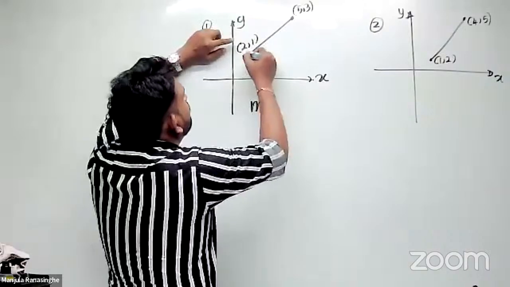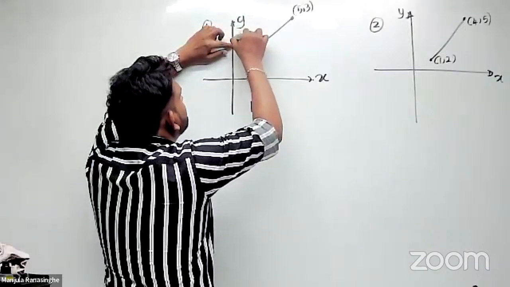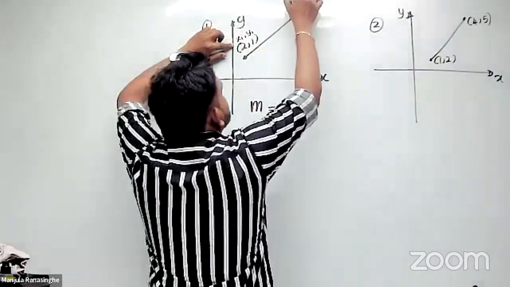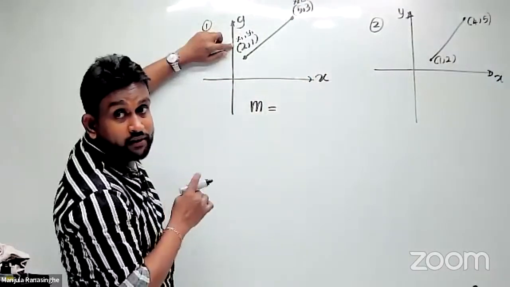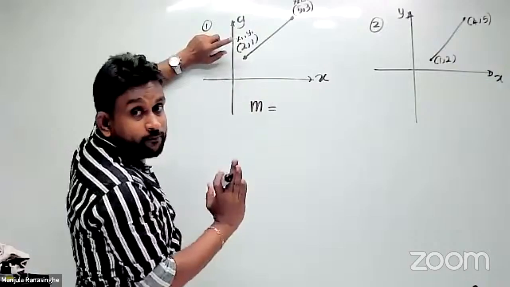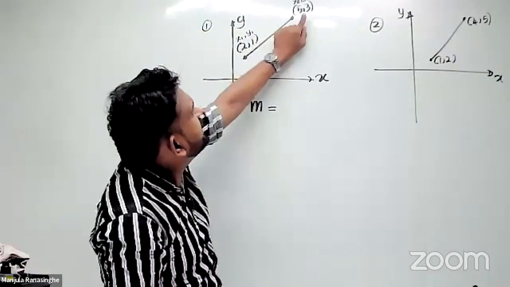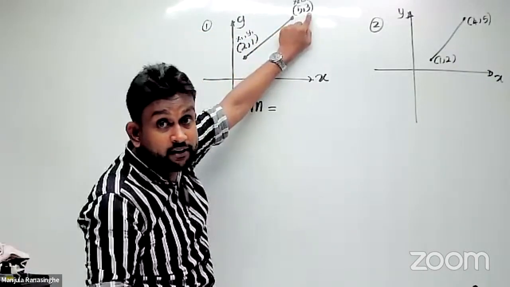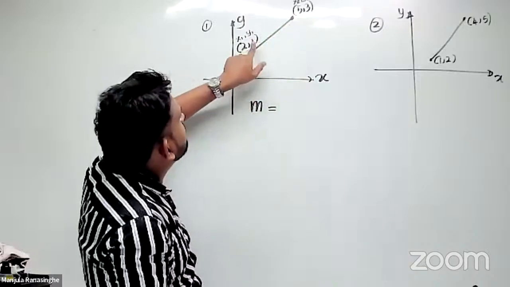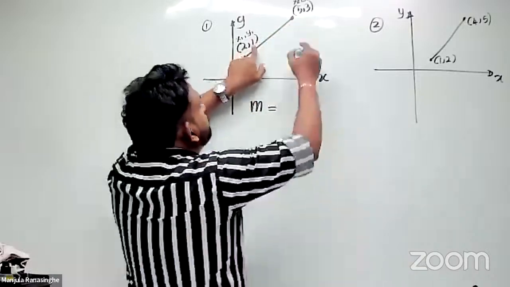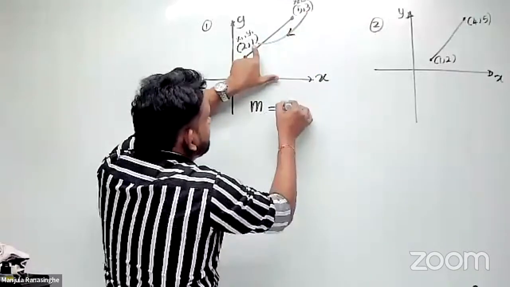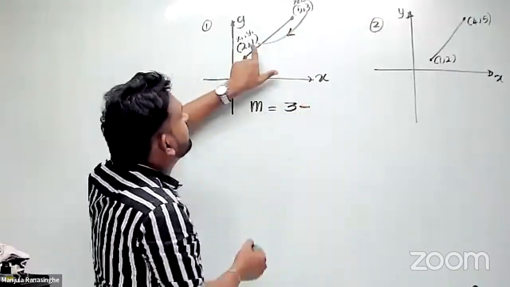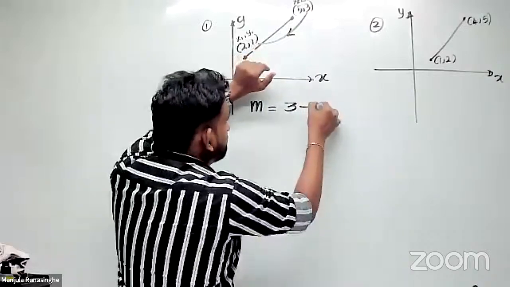Here the x coordinate x1, y1, and here x2, y2. No need to label that. So check the y values. Here I take the y value 3, and here the y value is 1. I take the subtraction in this direction: 3 subtract 1.